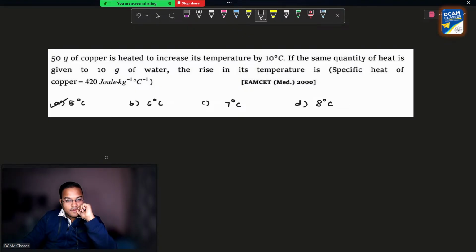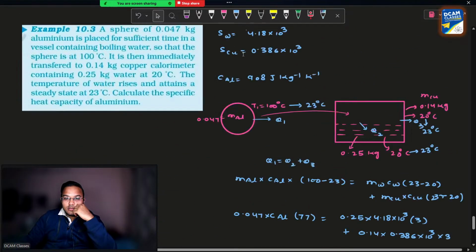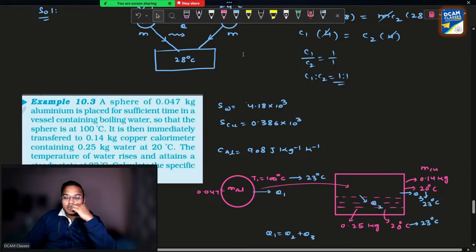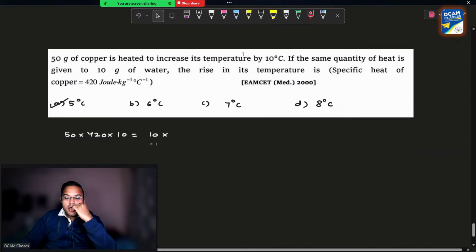You have to just put 50 into specific heat of copper 420, raised by temperature 10 degrees Celsius, equal to 10 gram of water into specific heat of water 4.18 into 10 to the power 3.